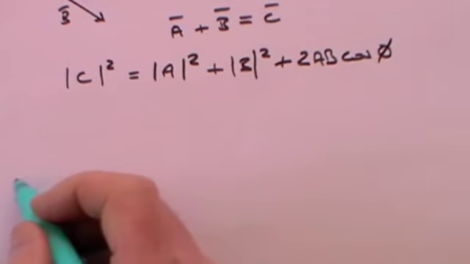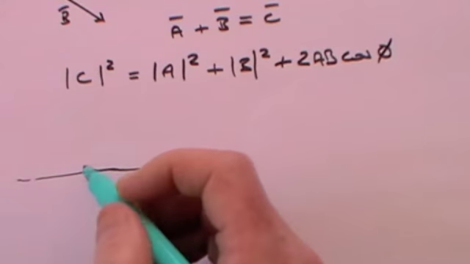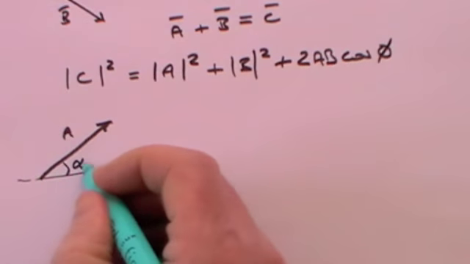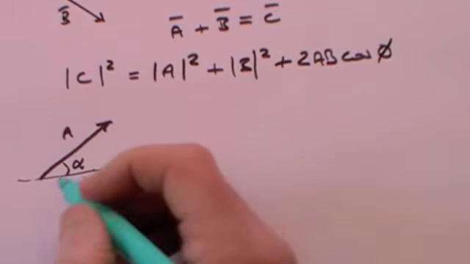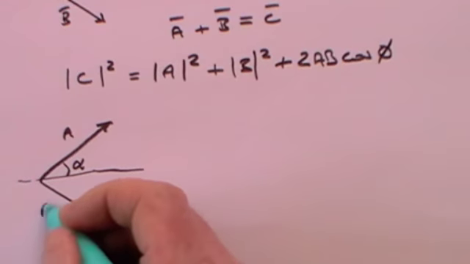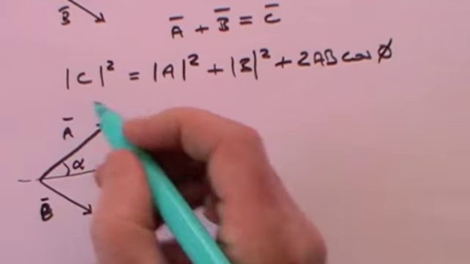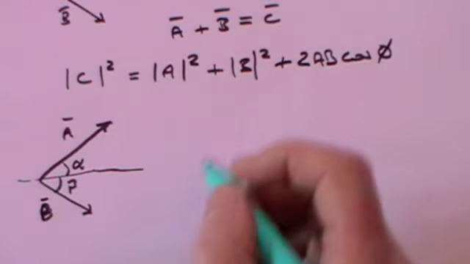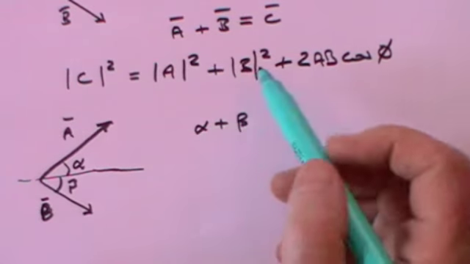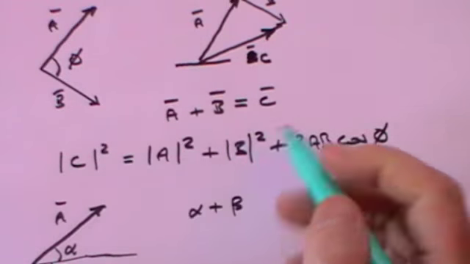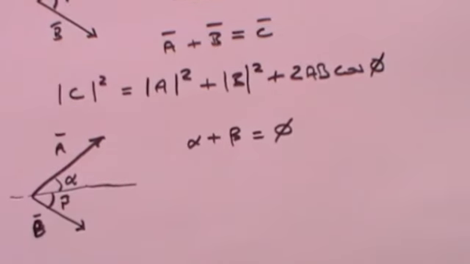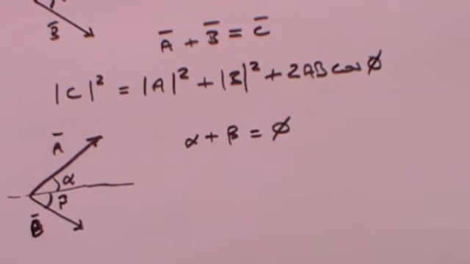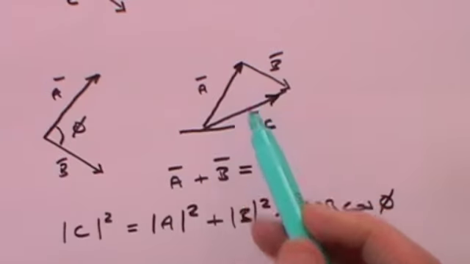Here are my two vectors again, but this time I'm going to draw them representing their angle to the x-axis. So this is A at an angle alpha to the x-axis, and here is B at an angle beta to the x-axis, and obviously alpha plus beta is going to be the angle between the two. In other words, that's going to be phi. Now, let me do what I did before and draw this resultant type diagram.